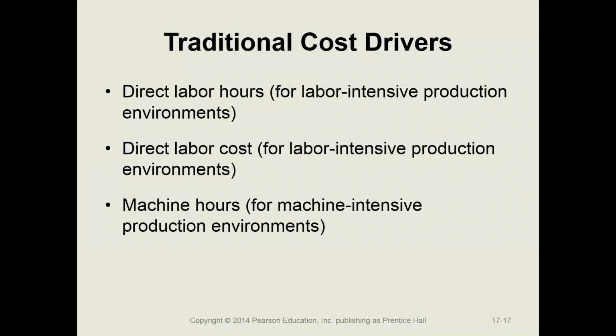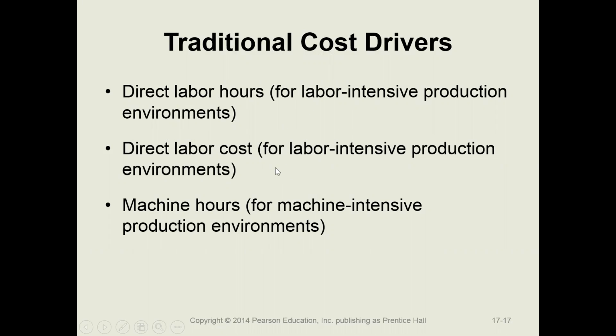These are typical cost drivers. In other words, how we spread out the overhead. We may spread out the overhead based on how many direct labor hours a job uses, or direct labor dollar cost. Those two drivers are appropriate for labor intensive production environments.